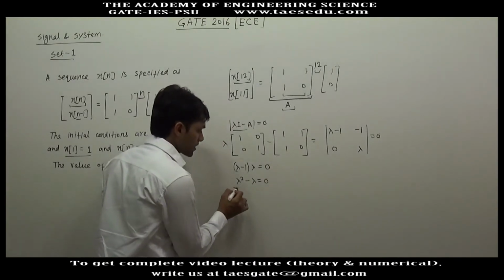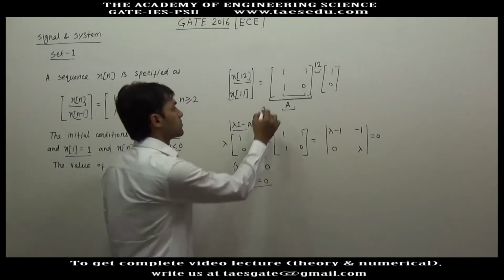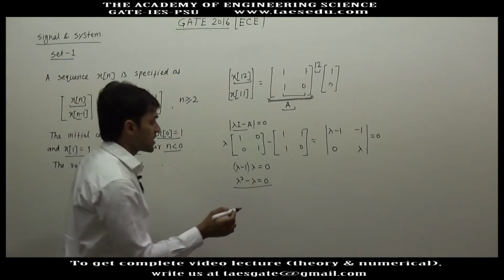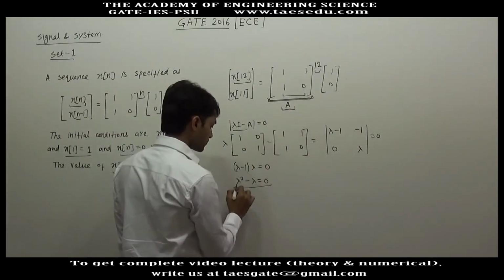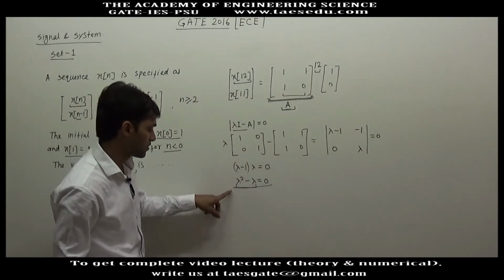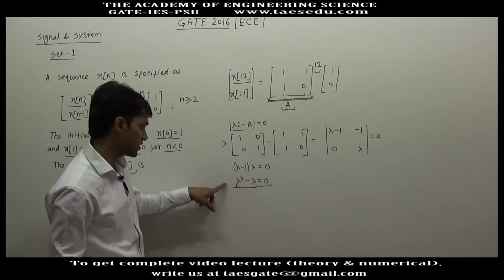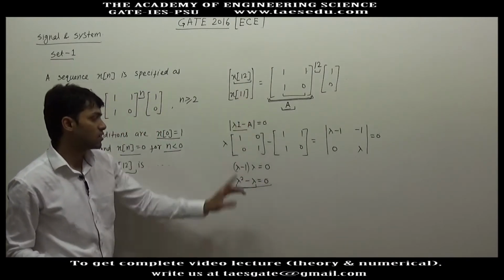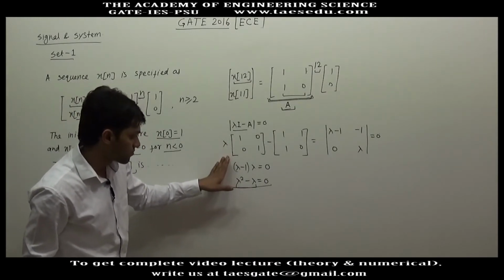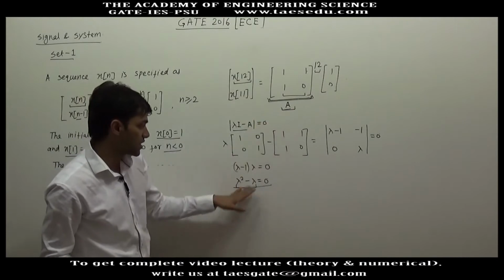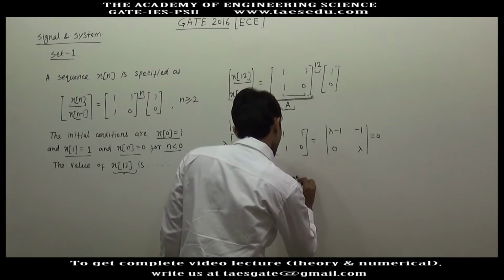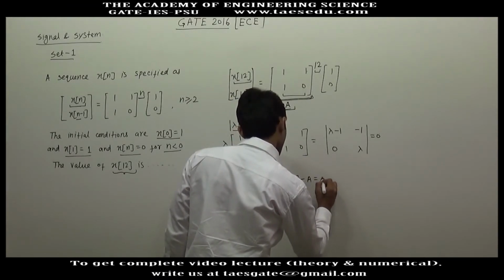So this is the characteristic equation of this matrix, and the Cayley-Hamilton theorem says that matrix A satisfies its characteristic equation. Solving this equation, lambda will give you the two eigenvalues of this matrix. The theorem says this matrix A satisfies its own characteristic equation, so A square minus A minus I will be equal to 0.